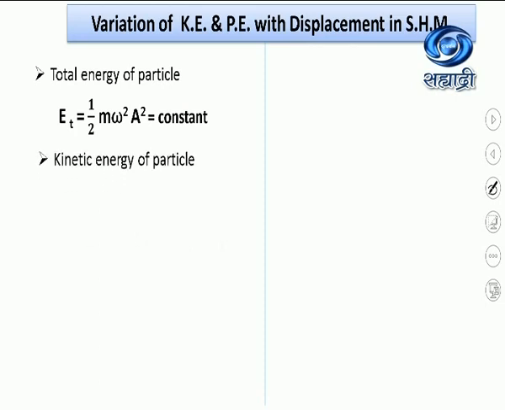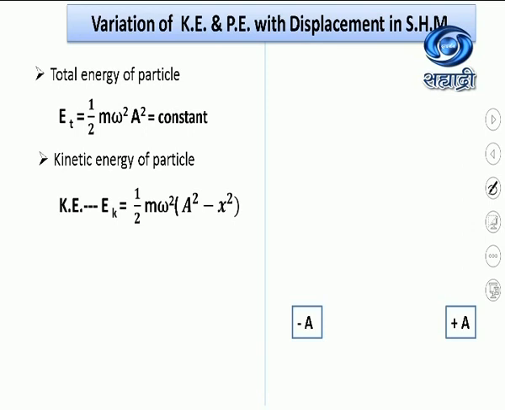Now the next part is the variation of kinetic and potential energy with displacement using a graph. For that, let us recall the expressions for each of these energies. Total energy of a particle is Et, which is half m omega square a square, which is a constant. The kinetic energy of a particle, that is Ek, is equal to half m omega square into a square minus x square.